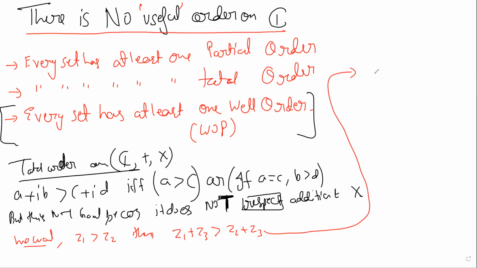I think this will work here. Okay, let's take an example. If you take 1 plus 2i, it is bigger than 5i, right? Because this is 0 plus 5i. So this is your Z1 and this is Z2. Now, if you're going to add a Z3, it will respect addition.